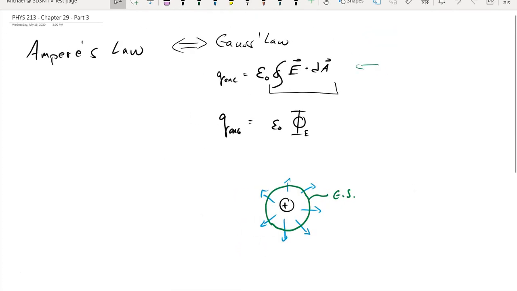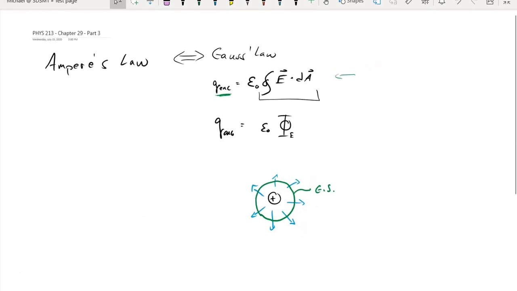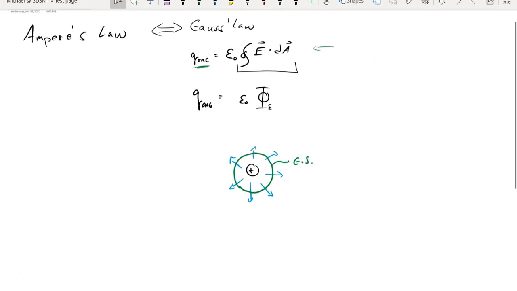For Ampere's law, we want to do something similar, except that we're not going to have a stationary charge in the system. We have to have a moving charge. And that's because the only way that we can produce a magnetic field or magnetic interaction is to have a moving charge. And so the setup for Ampere's law is going to look very similar to what we have for Gauss's law.